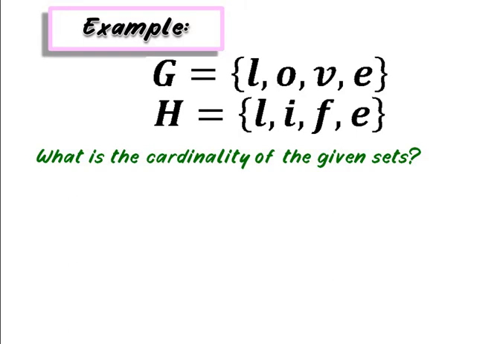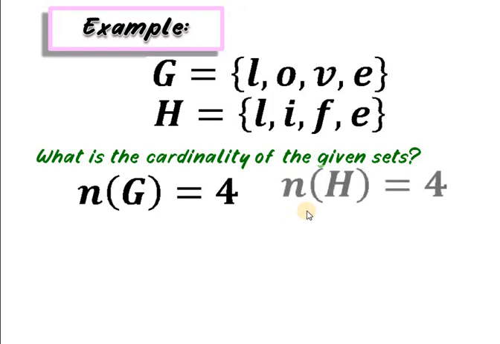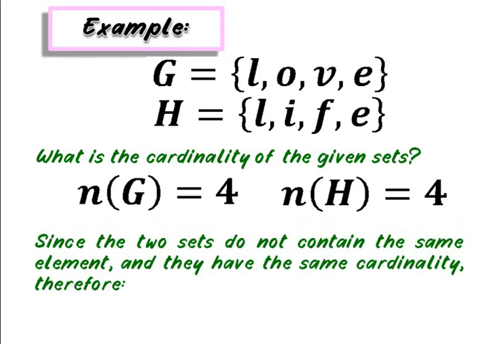The cardinality of set G is equal to 4, while the cardinality of set H is also equal to 4. Are the two sets equivalent? That's right, they are equivalent. Since the two sets do not contain the same element and they have the same cardinality, therefore, G is equivalent to H.